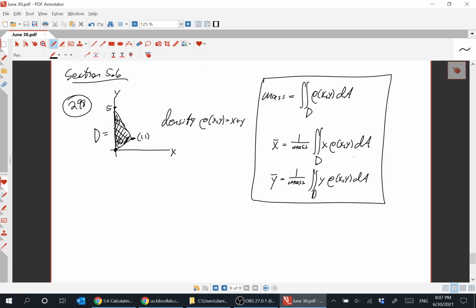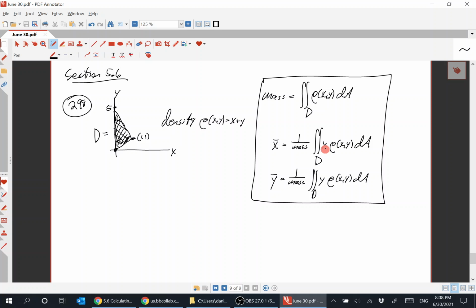Remember what those formulas represent. They represent total moments over total mass. It's all a generalization of Archimedes' lever law. Going all the way back to Archimedes, 100 BC or whatever it was when he was around, Archimedes' lever law put into practice using integration just pops out like this.